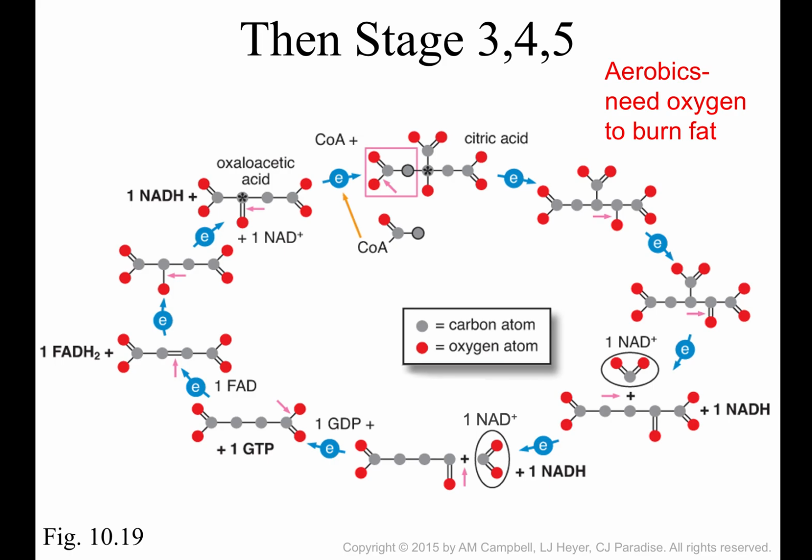If you can't go through stage 3, 4, and 5 because you're using oxygen too fast for your cells to go through those stages, and remember, oxygen is required at the end of stage 4 to accept the electrons coming down the electron transport chain, then you can't do stage 3, 4, and 5, and you can't burn fat.